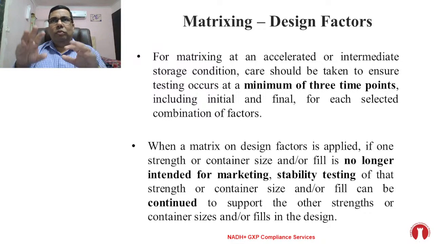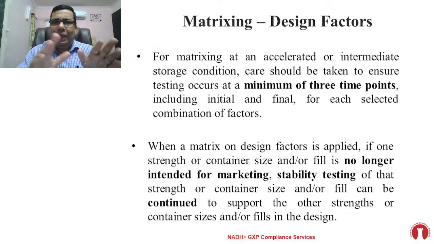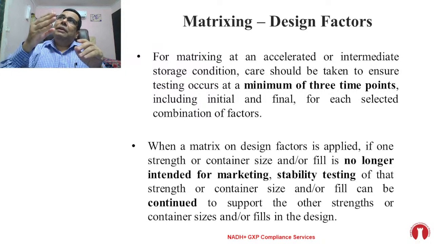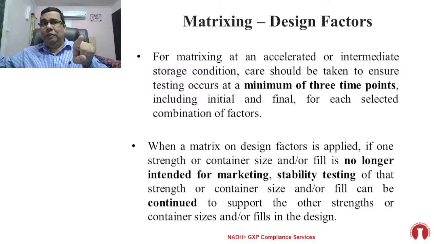Suppose, for example, 3 batches are there, and don't worry, I will be taking the example also, but I am just explaining what it means. The 3 batches will have stations at 3, 6, 9, 12, 18, 24, 36, for batch number 1, 2, 3, right?